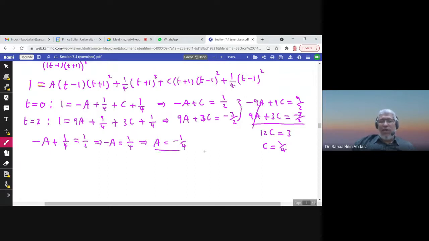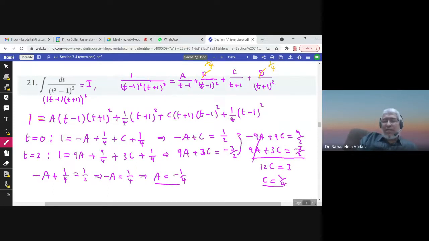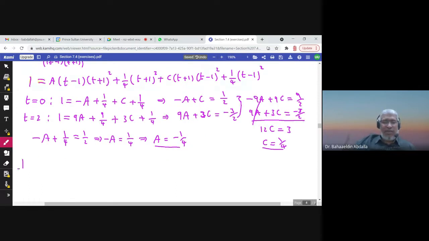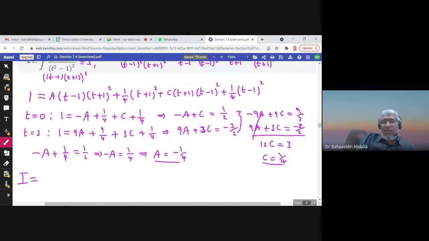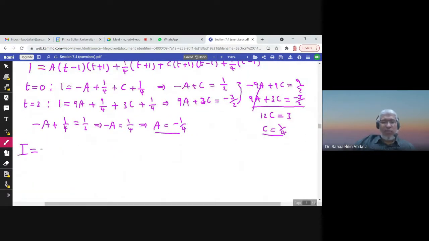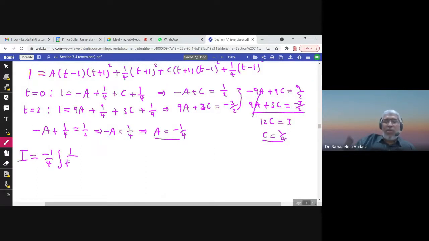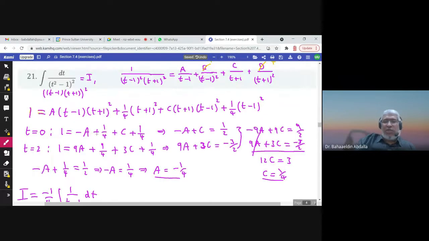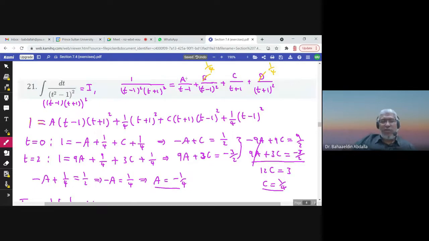So I have a, c, and I found b and d. So I can write I as a over t minus 1. A is negative 1 over 4, t minus 1. So this is the first partial fraction.